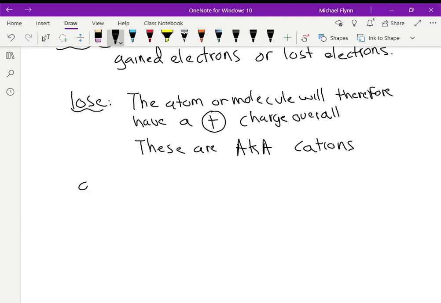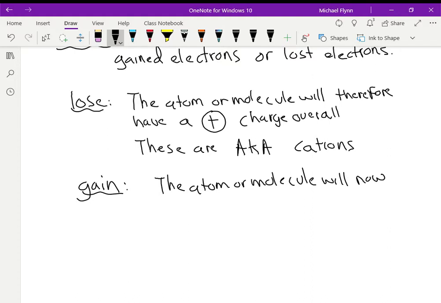Now if you gain electrons, the atom or molecule will have a negative charge overall.